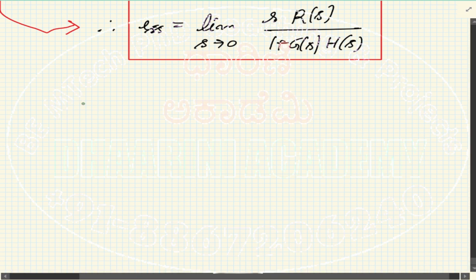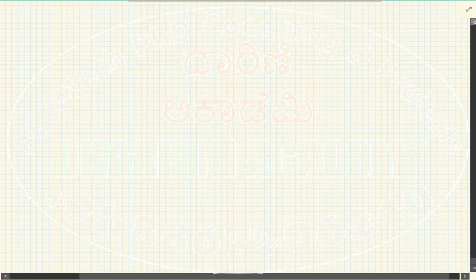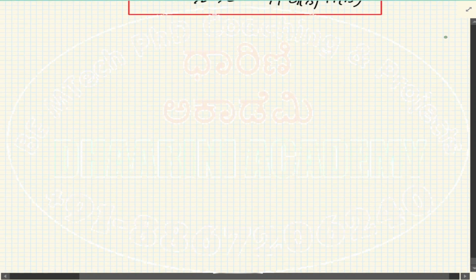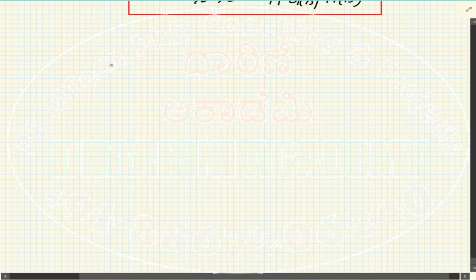The standard inputs are defined because our intention is to look at the response of the system for various disturbances, correct? When you have a variety of disturbances that could arise inside the system or outside the system, how the system responds we want to know. So to find ESS, we use the standard inputs.